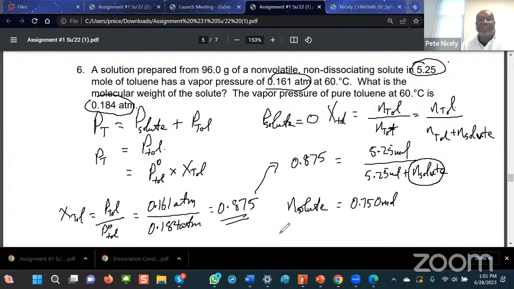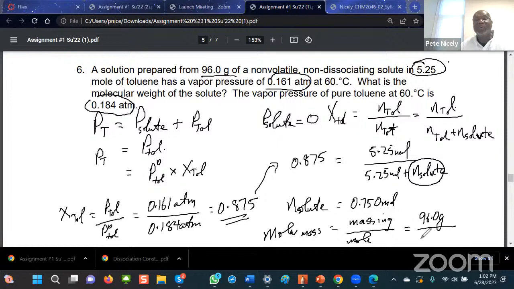All right? So therefore, the molar mass will be equal to the mass in grams of the solute divided by the number of moles of the solute. Now the mass in grams they gave us for the solute is 96.0 grams divided by the moles, which we calculated to be 0.750.